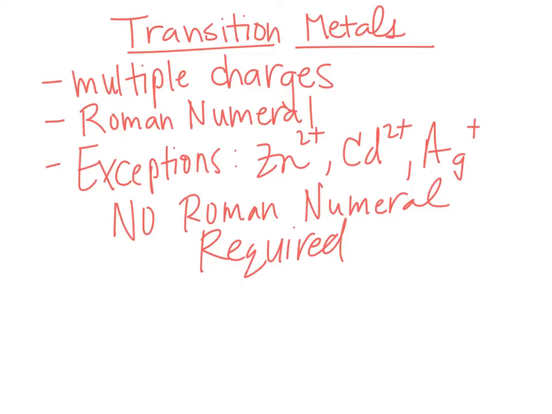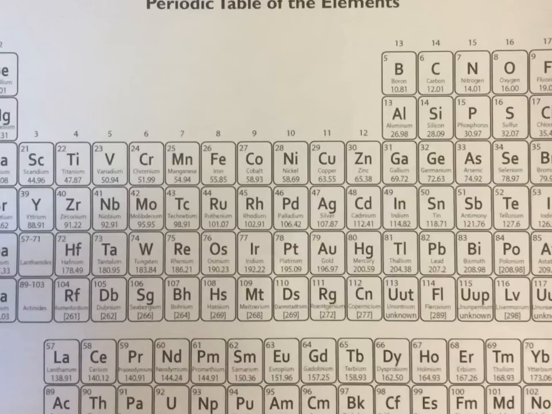So look at your periodic table, and I'm going to pull one up right now. So you can see that zinc, silver, and cadmium are located right here. So you should highlight these or make them stand out somehow on your periodic table. They make like a backwards L on the periodic table. So zinc and cadmium are in the same group, so both of those are +2. And then silver over here is by itself, and that one is +1.